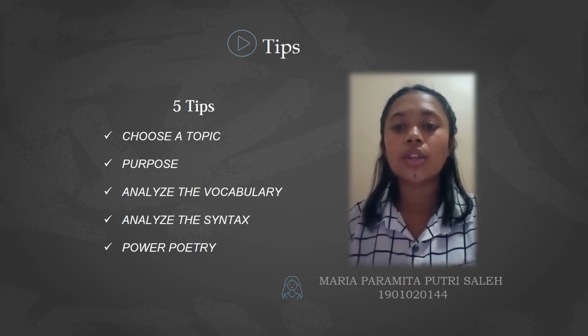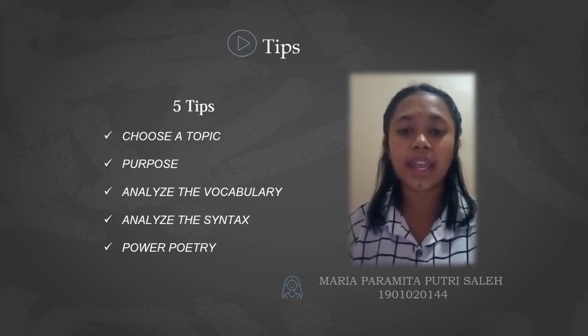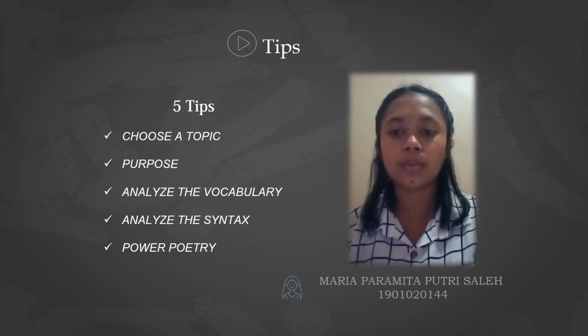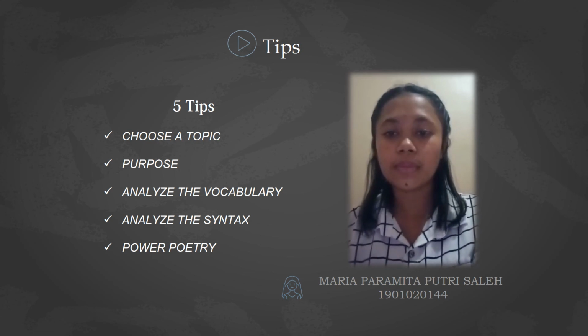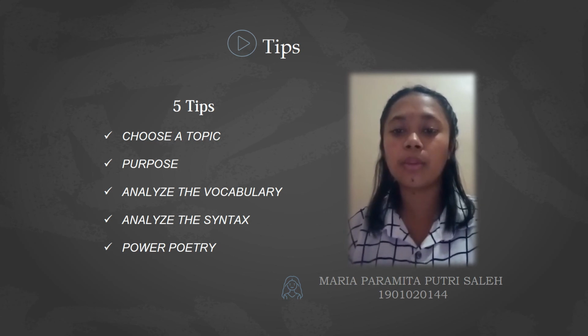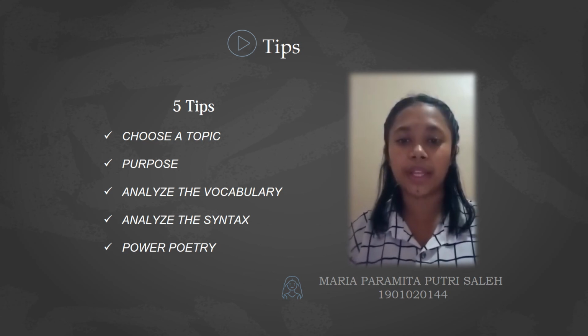Whether to convince, entertain, amuse, inform, or plead, remember you choose your words based on your purpose. Number 3, analyze the vocabulary. Consider whether or not the words are simple or complex.